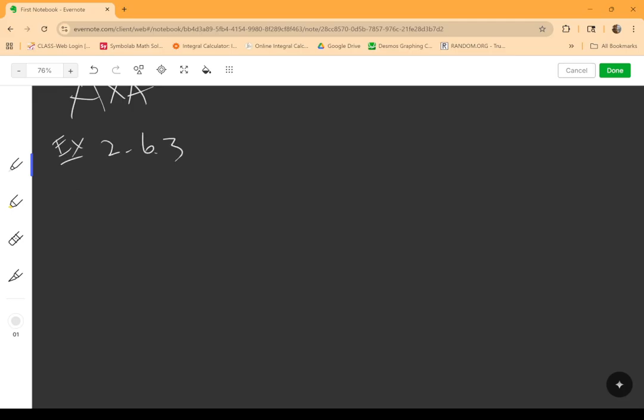Let's look at example 2.6.3 in our textbook. That example states that we have two sets, a set of students and a set of classes. A is the students: Al, Bob, Kat, Dirk, and Eva.